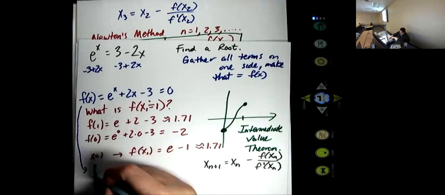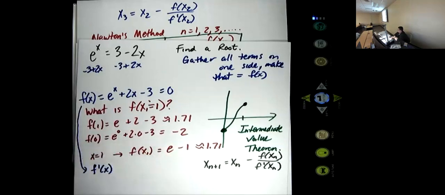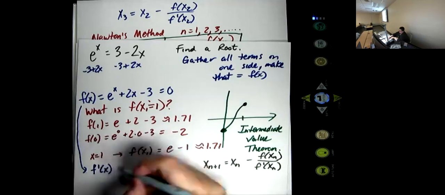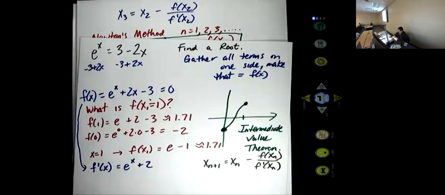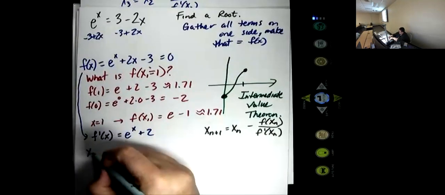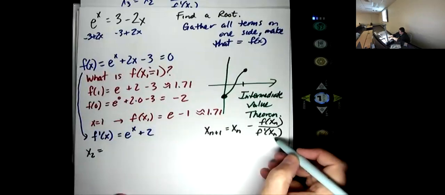So what is f prime of x? It's e to the x plus 2. And to find x sub 2, we need f prime of x sub 1.